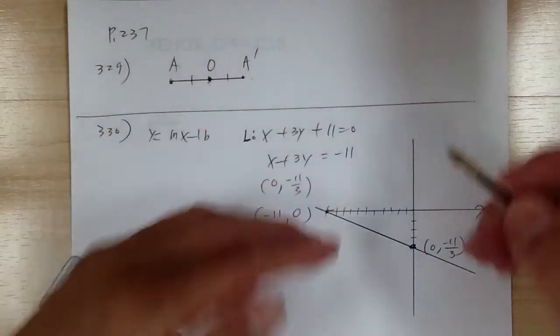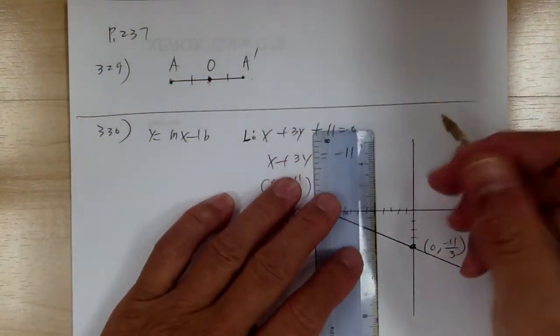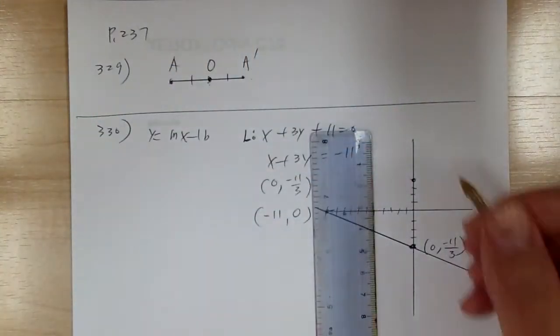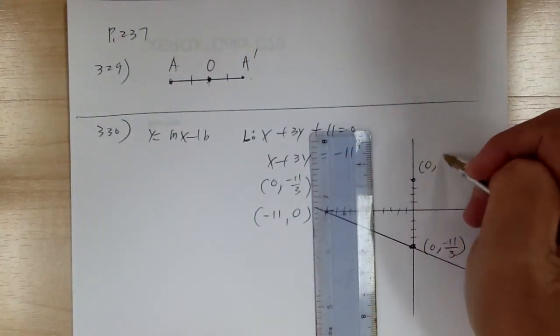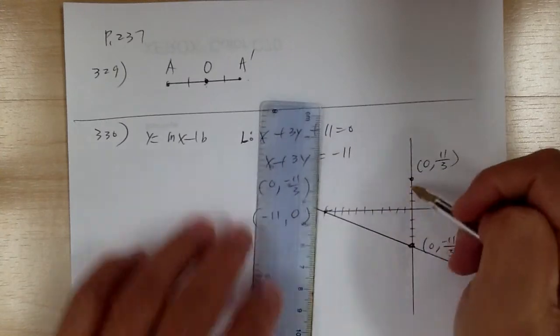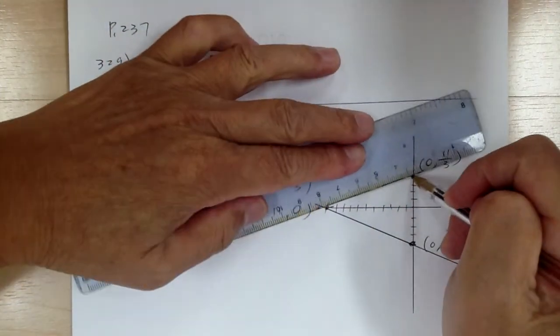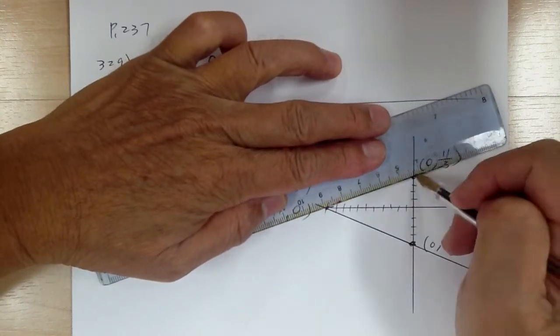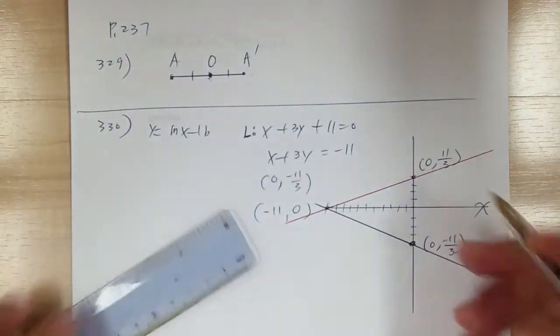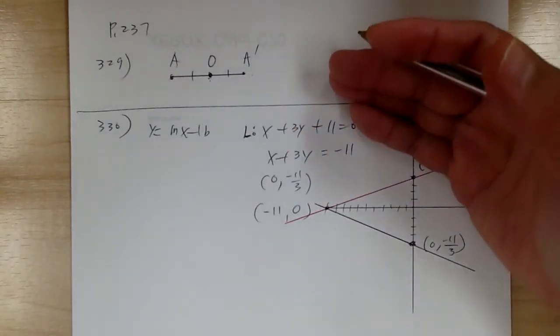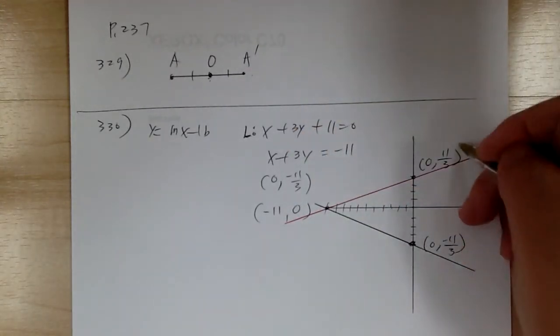When you flip it over, this point becomes over here, and this point would be 0, 11 over 3. Basically you end up with a new line like this. What you see is that when you reflect over the x-axis, the y becomes opposite.